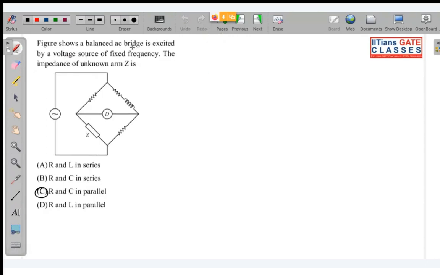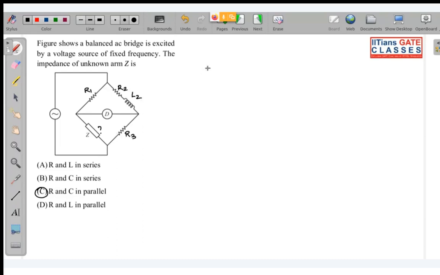The figure shows a balanced AC bridge excited by a voltage source of fixed frequency. The impedance of unknown arm Z is. So what is this unknown arm Z? If nothing is given, consider this as R1, this as R2, L2, and this as R3.